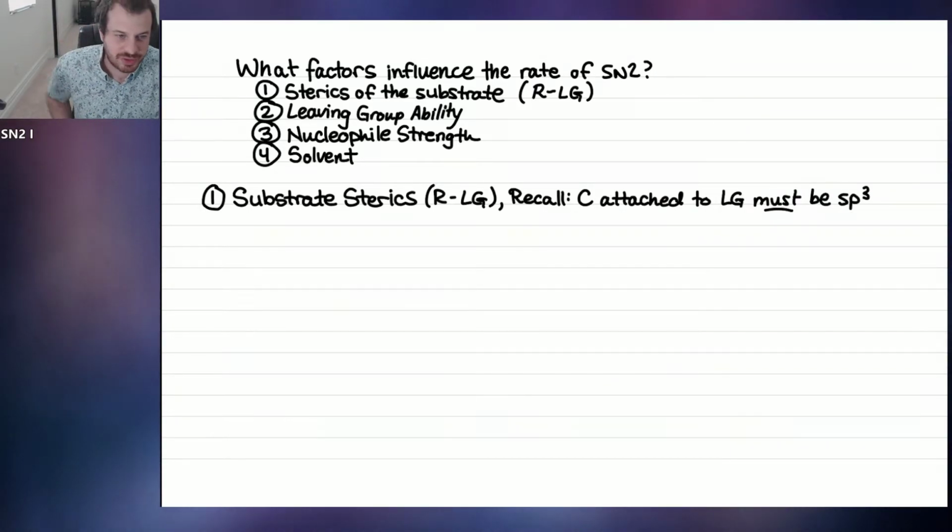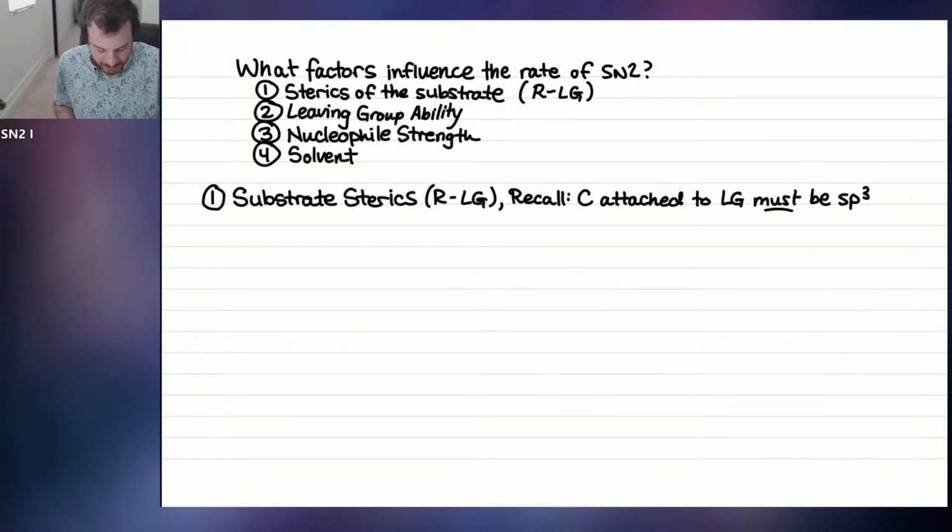I love to trick students by showing an SN2 reaction where the carbon that's actually attached to the leaving group is sp2 or sp. In that case, the SN2 reaction flat out fails 100% of the time. It is a requirement of the SN2 reaction for the carbon attached to the leaving group to be sp3 hybridized. So don't let me trick you there, okay?